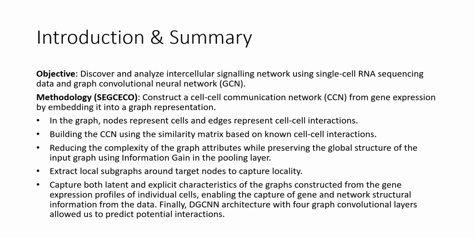By extracting local subgraphs around target nodes, we can capture locality, capturing both latent and explicit characteristics of the graph constructed from the gene expression profile of individual cells, enabling the capturing of genes and network structural information from the data. Finally, a deep graph convolutional neural network architecture is used to predict potential interactions.